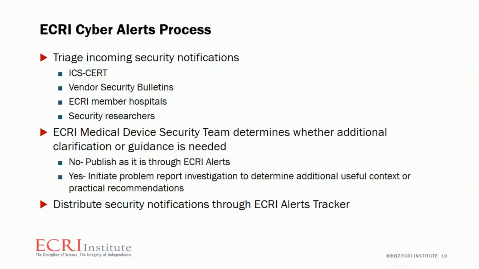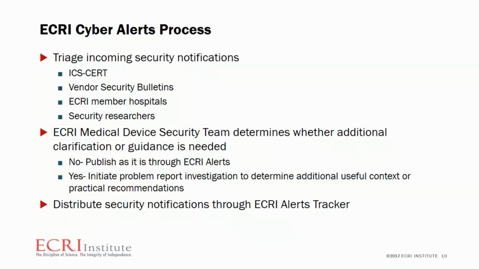With all of these incoming security notifications, our medical device security team determines how complete is the information. Is there additional clarification and guidance needed for hospitals to take action?